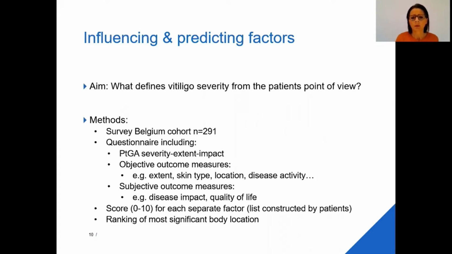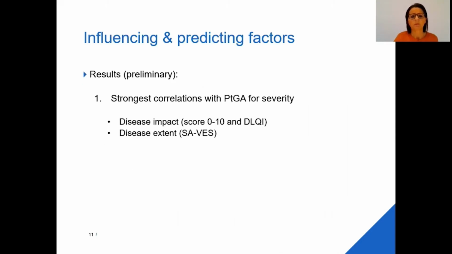We also used subjective outcome measures such as disease impact. In addition, we requested the patients to score each separate factor on a scale from 0 to 10, based on a list that was constructed in advance by the patients. In addition, we also requested them to rank the most significant body parts in the context of severity perception.